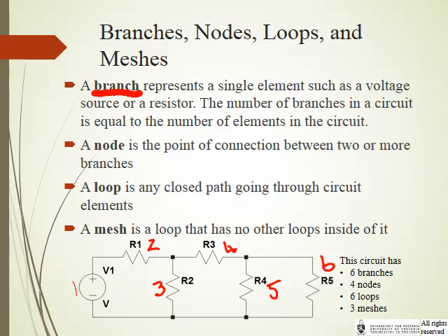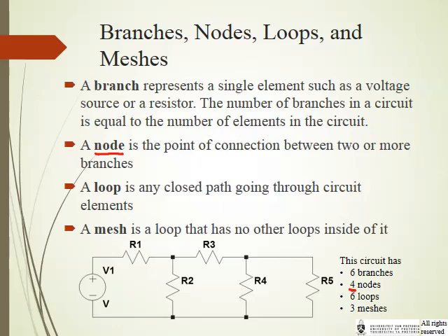Right. What happens in terms of nodes? What is a node? A node is a point of connection between 2 or more branches, or in that case 2 or more components in the circuit. So let's count the number of nodes. Now you can already see the answer there at the bottom says there's only 4 nodes. So where does that come from?